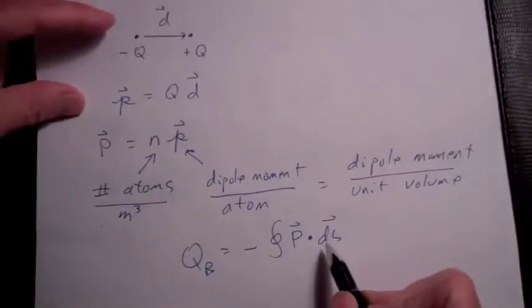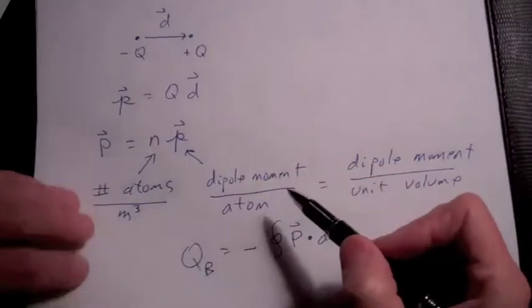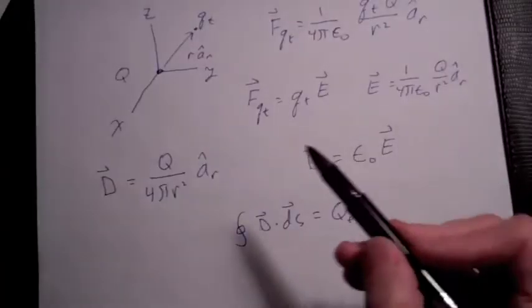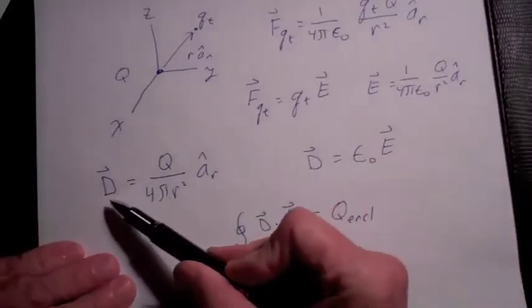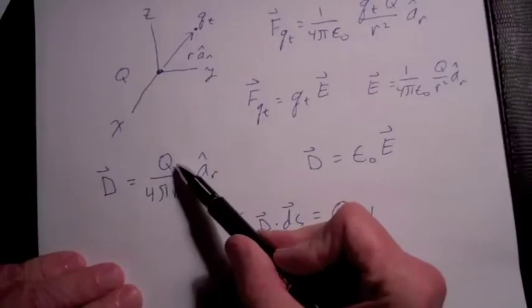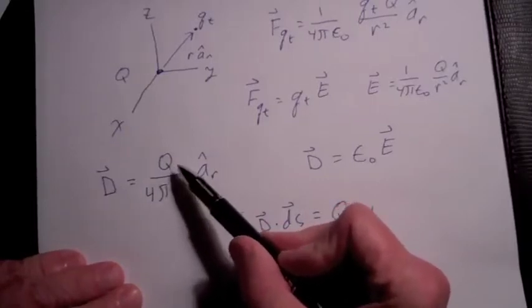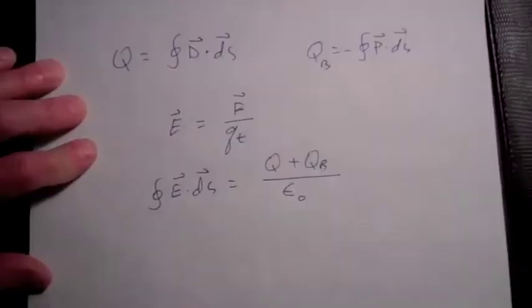So the polarization arises from these bound charges, and we're going to make the distinction now that the electric flux density arises from what we will call free charges. These are charges that are not bound but are free to move.